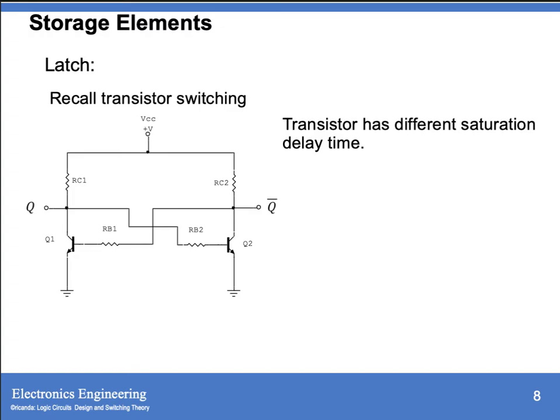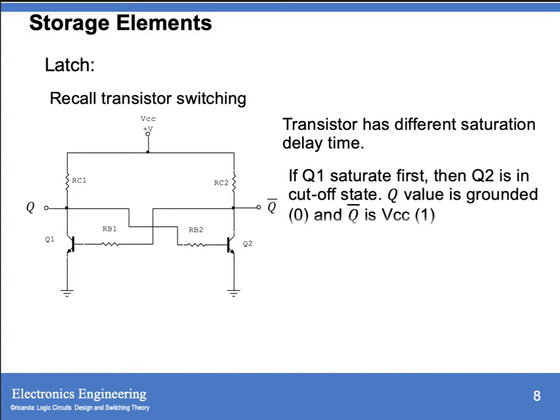They are different. So we have transistor 1 on your left side and transistor 2 on your right side. If Q1 saturates first, then Q2 is in cutoff.